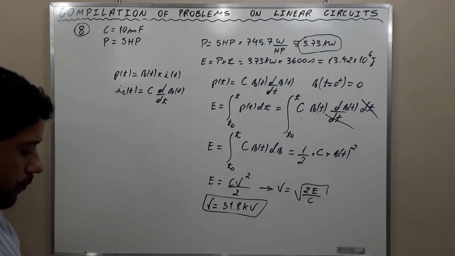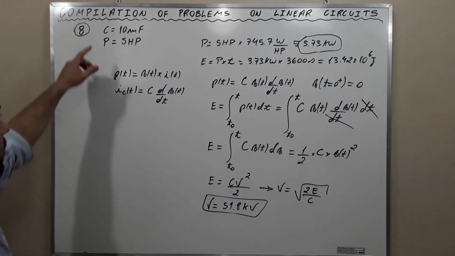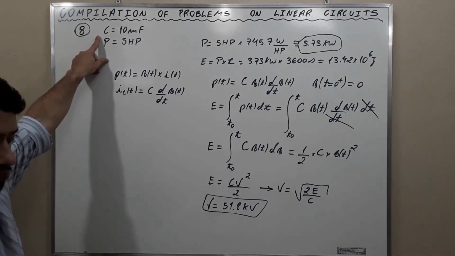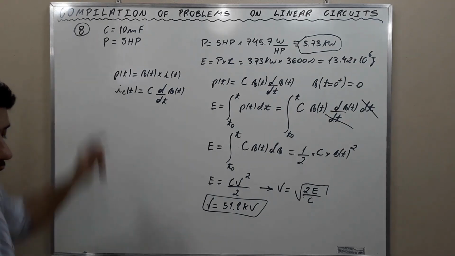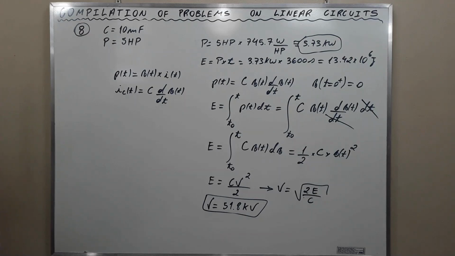And the conclusion is that it turns out that a 10 millifarad capacitor rated for this voltage would be much too large and dangerous and massive for powering an automobile.